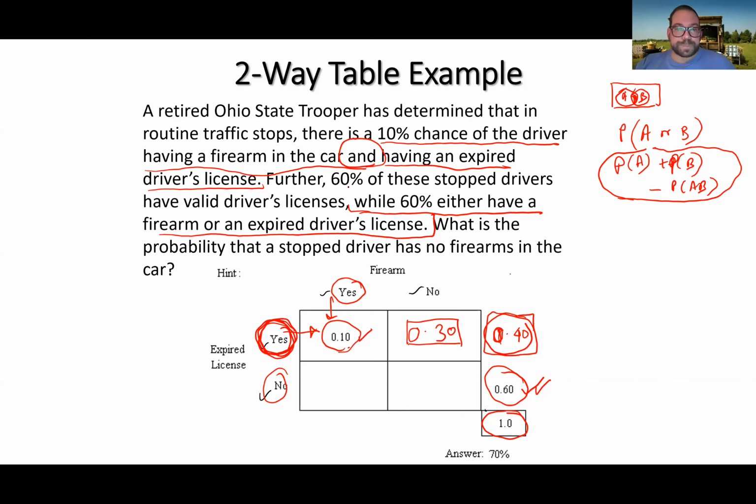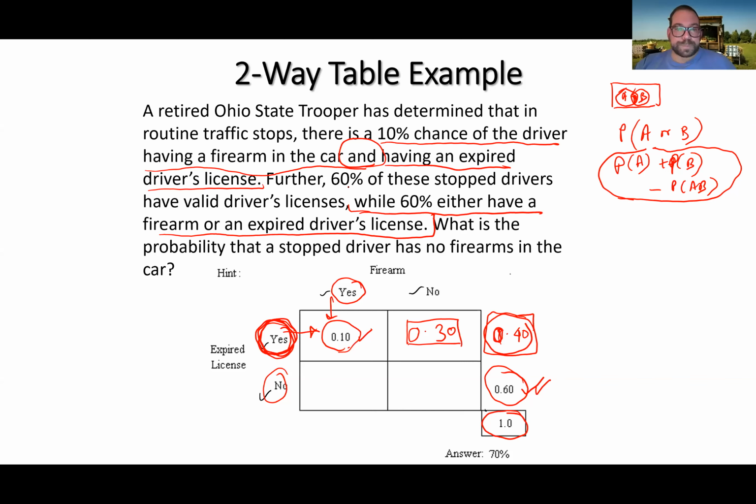Anything else that we can compute from what is given to us other than that statement? Oh, by the way, what is it that I'm after? What is the probability that a stopped driver has no firearms in the car? A stopped driver.